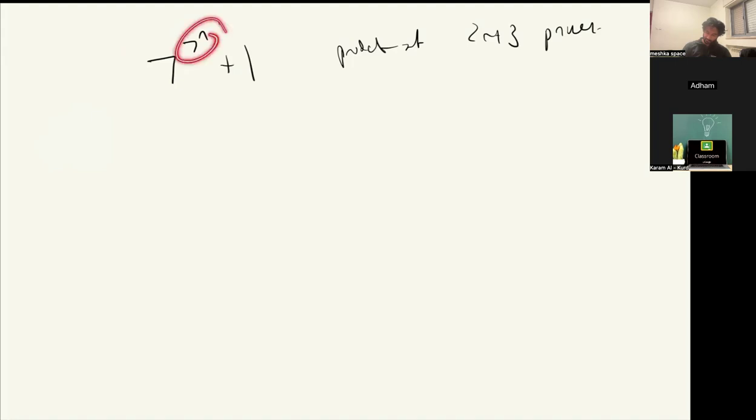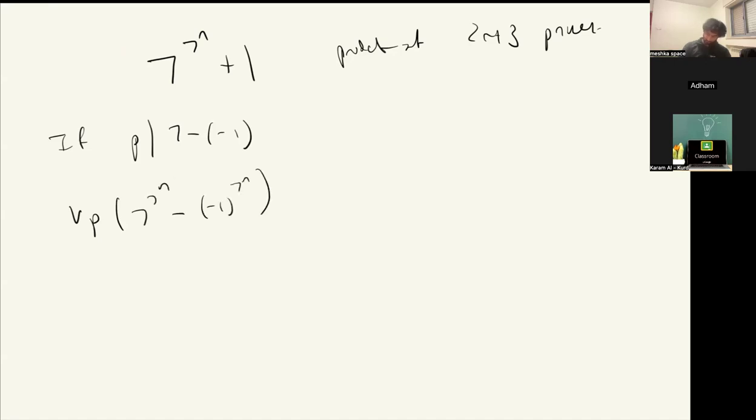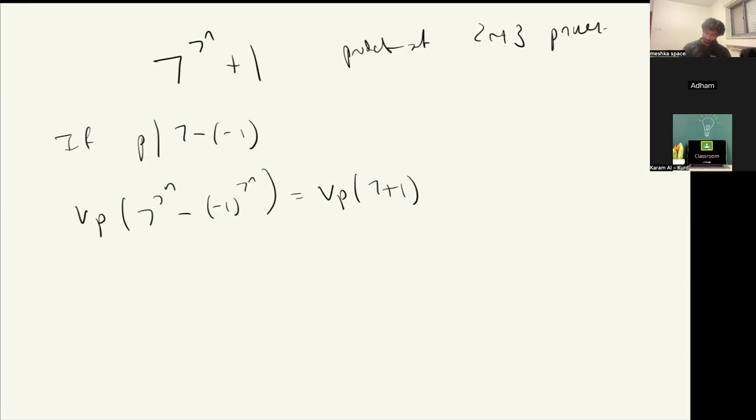So VP: if P divides 7 plus 1, or we can write it as 7 minus negative 1, then VP of 7 to the 7 to the n minus negative 1 to the 7 to the n, which is the same thing, is equal to VP of 7 plus 1 plus VP of 7 to the n.